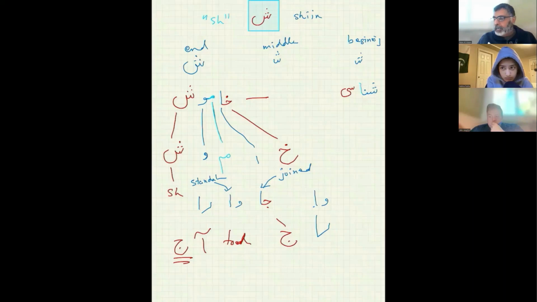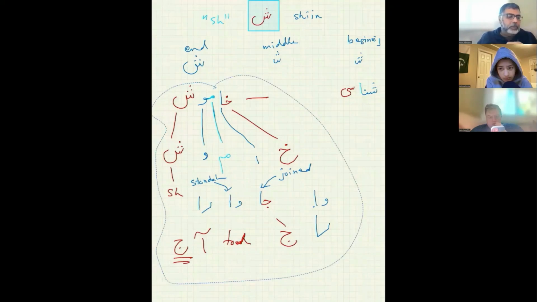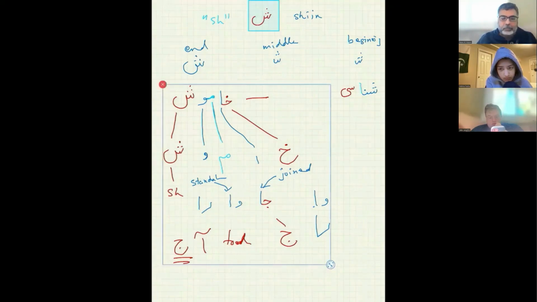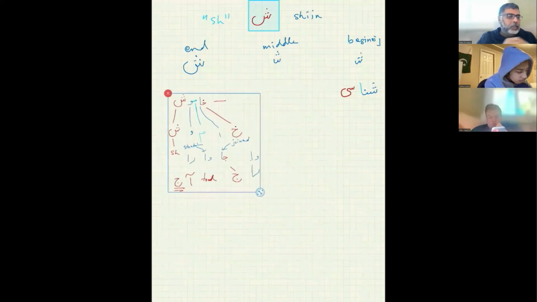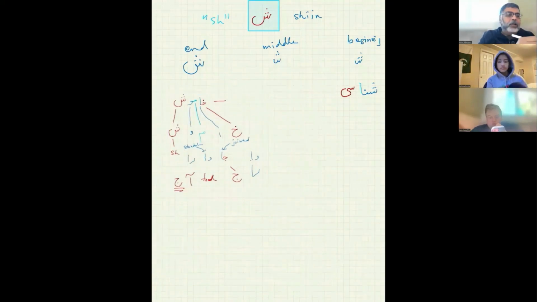All right. Let's just do one more word and then we're going to call it a day. Let's make this small, resize. I'm going to write khush. Khush means everybody's happy. Khe, wow, sheen, khush.